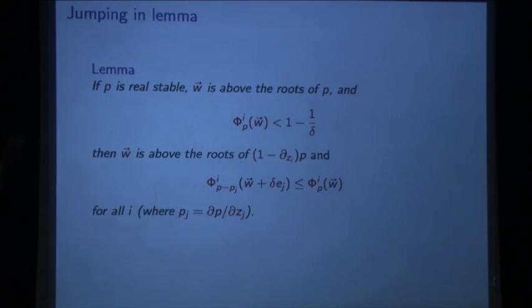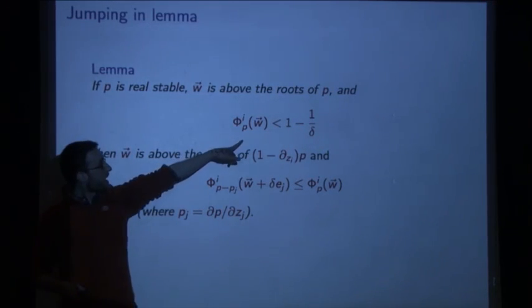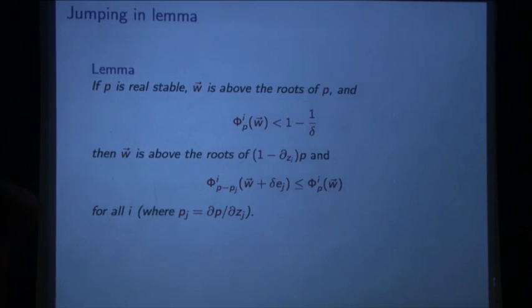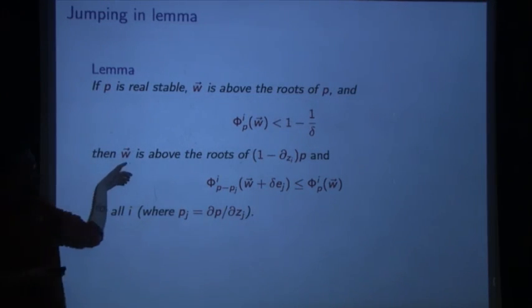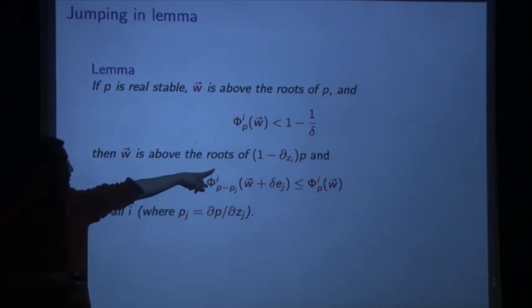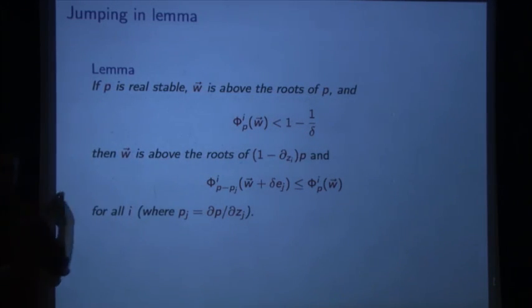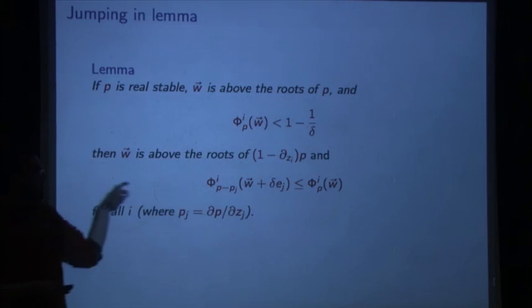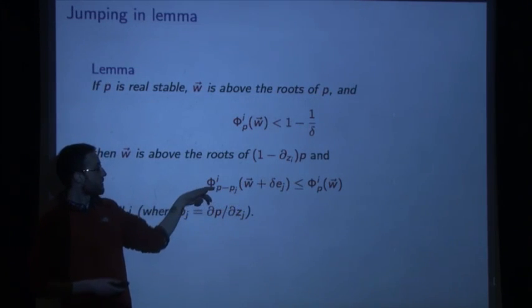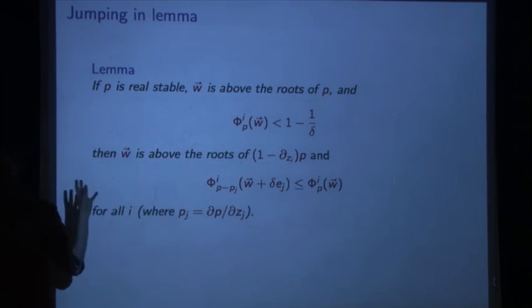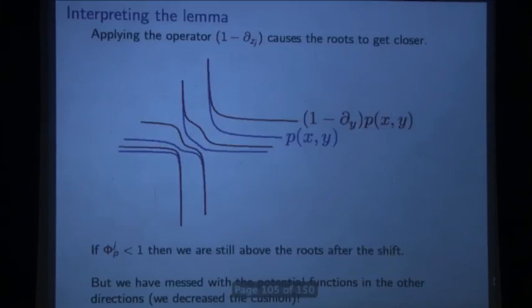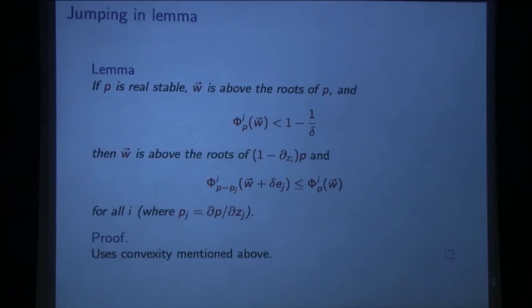So the lemma is if P is real stable, and you start at w, which is above the roots of P, and you're able to quantify how far away you are from 1 with the potential function, then w is above the roots of 1 minus partial p, that was the other lemma, and we can get a bound on what happens to the potential function in the other directions. And the proof uses the convexity that I mentioned above of phi pi.